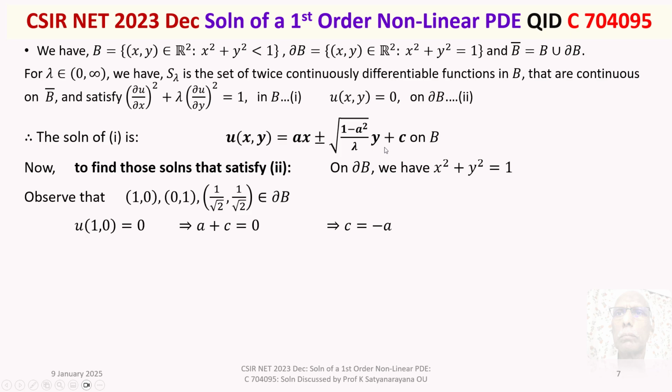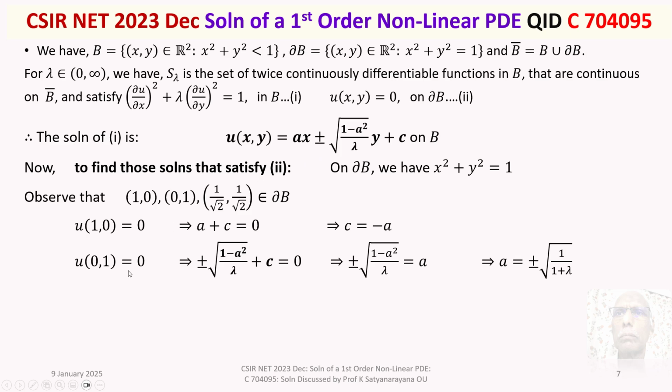So u of 1 comma 0 is 0. So substituting in this solution, x is 1, y is 0, we'll get a plus c is equal to 0, that is c is equal to minus a. Right. Now u of 0 comma 1 is 0. So substitute in this equation x is 0, y is 1, we get plus or minus under the square root of 1 minus a square by lambda plus c.